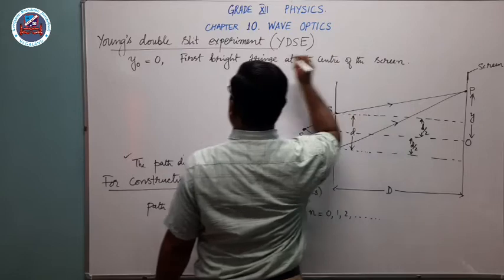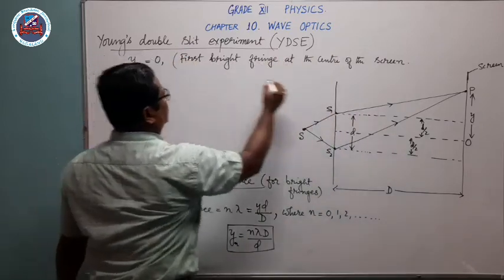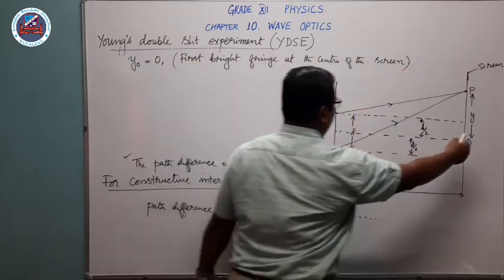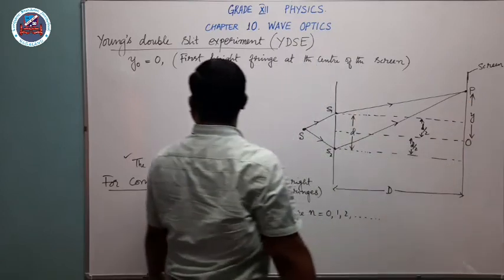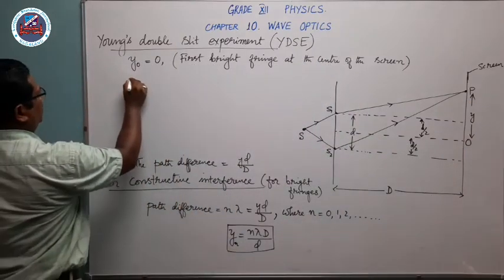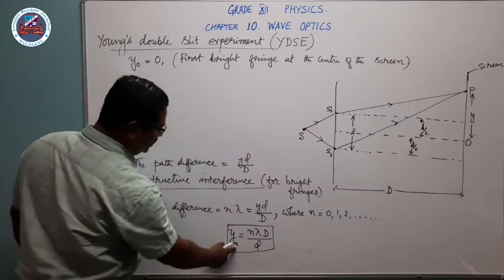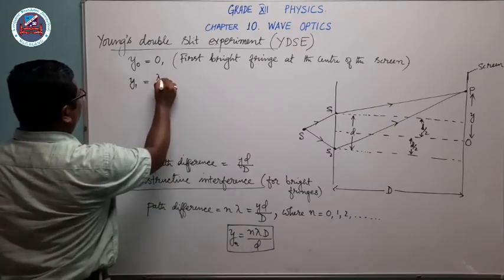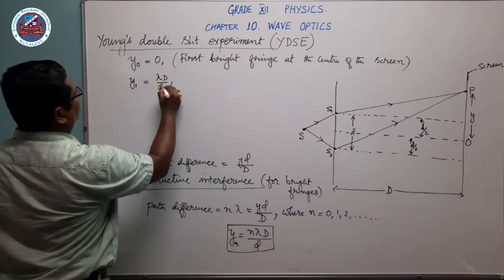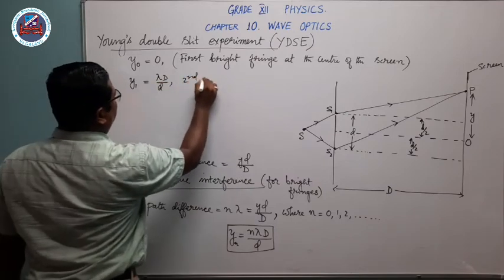The displacement is showing 0, that means it is at the center of the screen. This y represents the displacement. Now let us see the second bright fringe where you get it. y1 is equal to, if you put 1, lambda D by d. That is the second bright fringe.